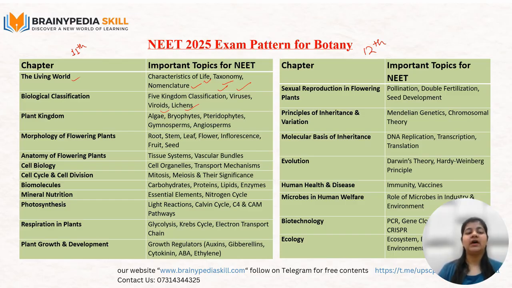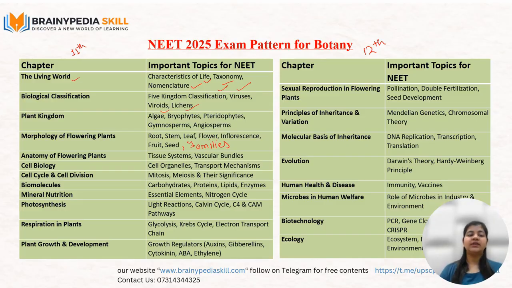In morphology of flowering plants, this whole chapter is very important because it also contains some families, and as per the new NTA guidelines and new syllabus updation, they have added more families to it. We will see these families later in this video only. Other than that, the most important topics are root, stem, leaf, flower, inflorescence, fruit and seeds, and families.